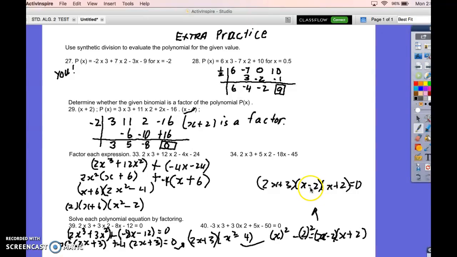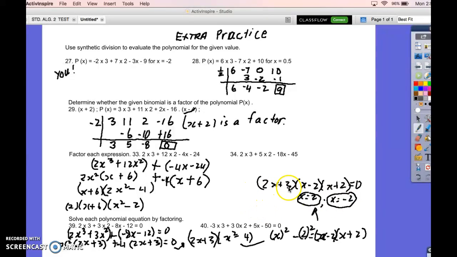So these two would be pretty easy. If you're multiplying 3 things to get 0, then one of them must be 0. Either this one, or this one. For this to be 0, x would have to be what? Positive 2. That's for this one. How about this? What x value would make this 0? X would have to be negative 2. Okay, so that's another 0.